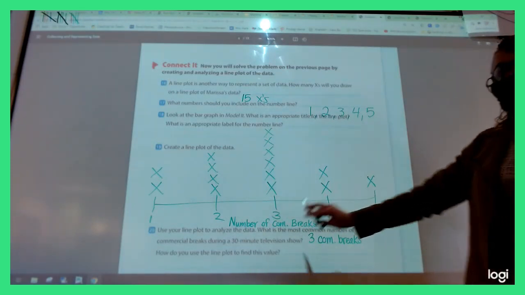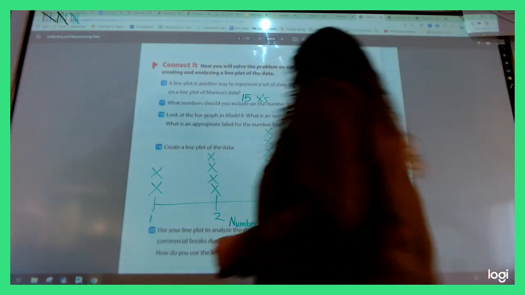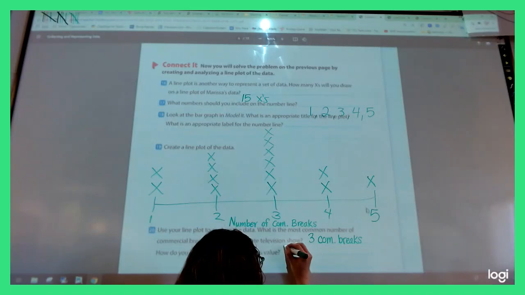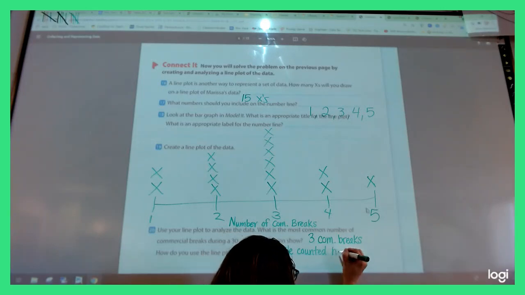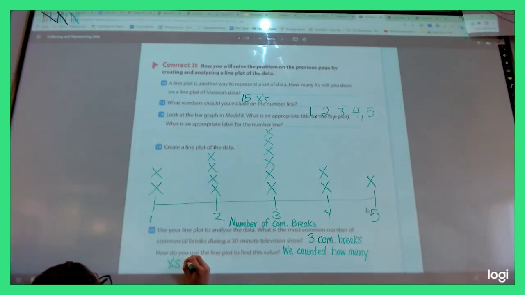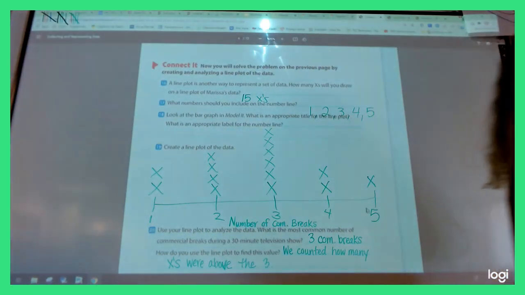Okay, we found the 3 along the bottom, and we counted how many X's were above the 3.